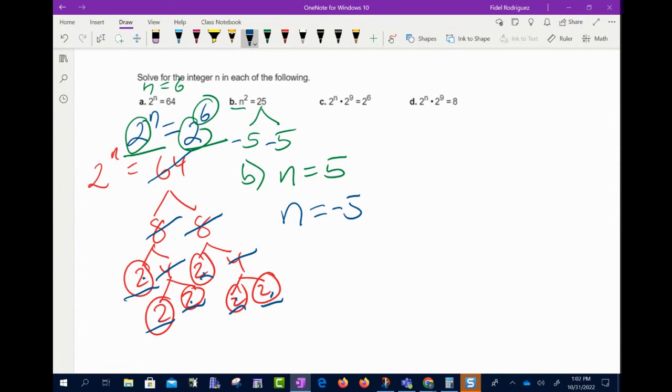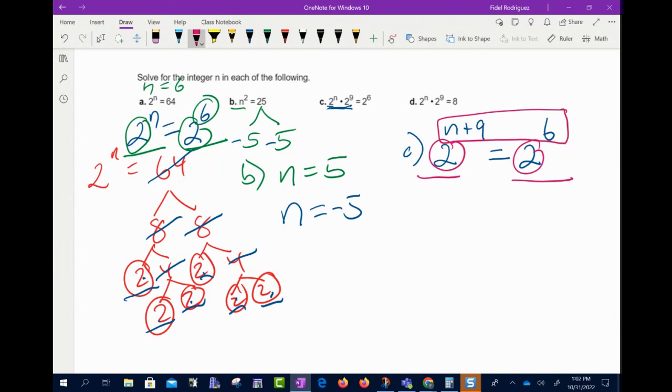All right. Y'all, for the next one here, when I'm looking at part C, when we're multiplying two numbers with the same base, when they're both 2's, what we can do is write it as 2 with those powers being added to each other. Just like we did in the first problem, when the whole number here and that whole number are the same, and this piece right here and this piece are the same, then we can say this piece, n plus 9, has to be equal to 6.